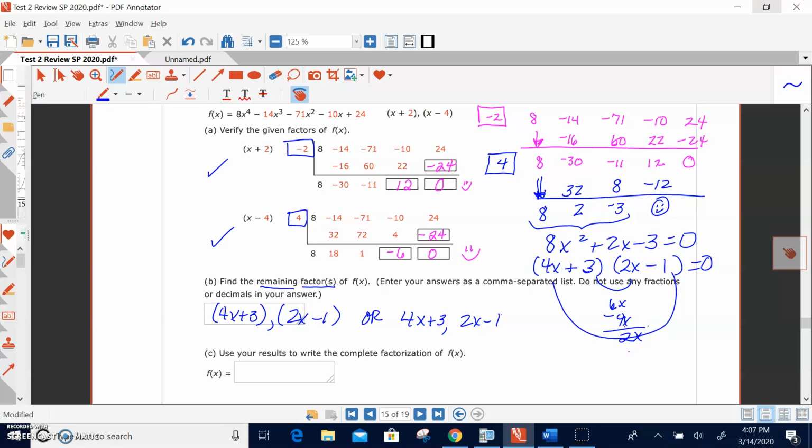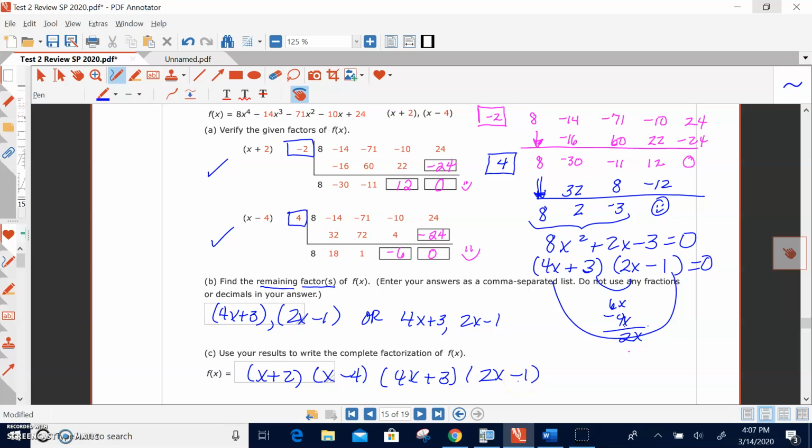Now that I have all 4 factors, I can write this in completely factored form. I have the x plus 2, the x minus 4. Notice there's no comma between these. I'm not listing the factors, I'm writing it in factored form. So the x plus 2, x minus 4, the 4x plus 3, and the 2x minus 1.